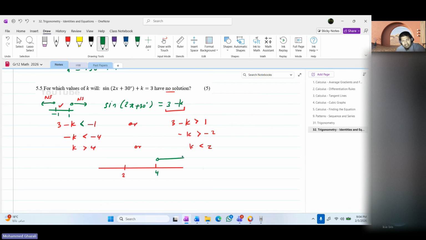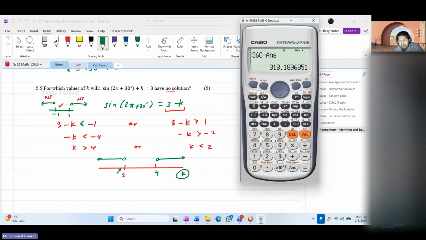So if you choose any value which is greater than 4 or any value which is less than 2, values of k, maybe 0, any value, even 1.9, 3 minus 1.9, you're going to get 1.1. Choose any other value. You're always going to get an answer which is more than 1.